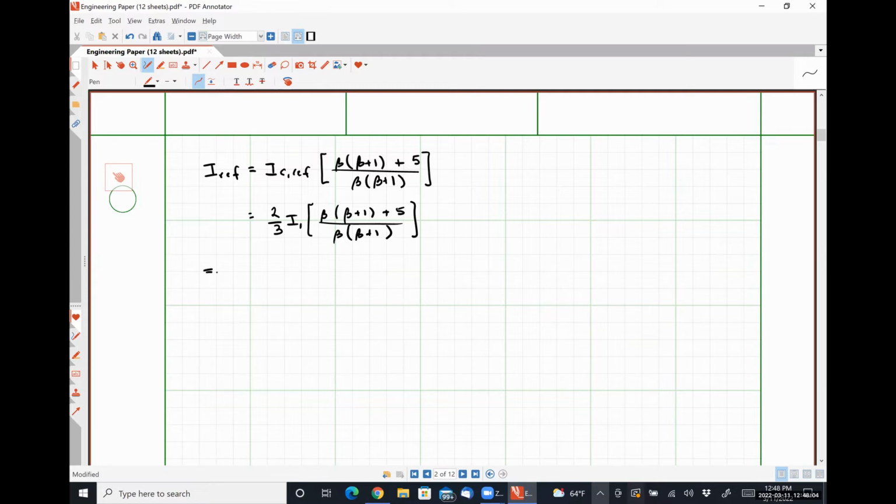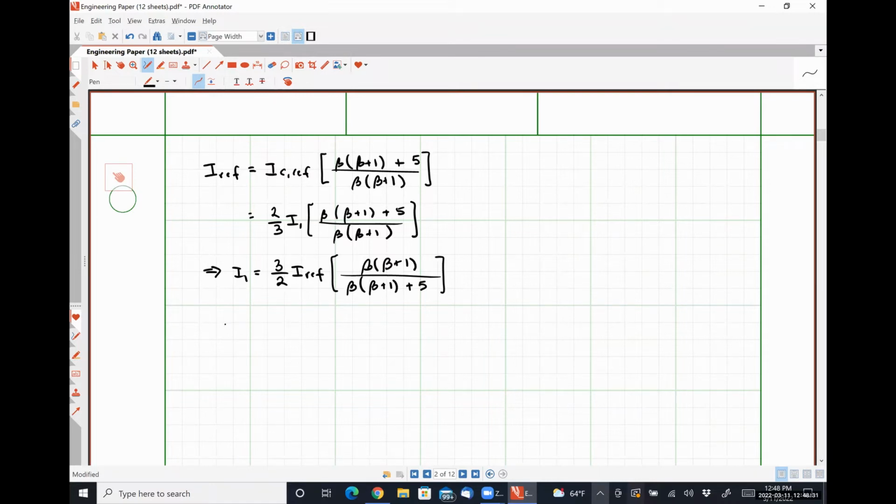And from this, I1 is equal to 3/2 I ref multiplied by beta times beta plus 1 over beta times beta plus 1 plus 5.